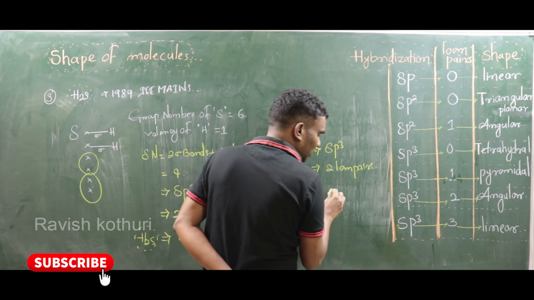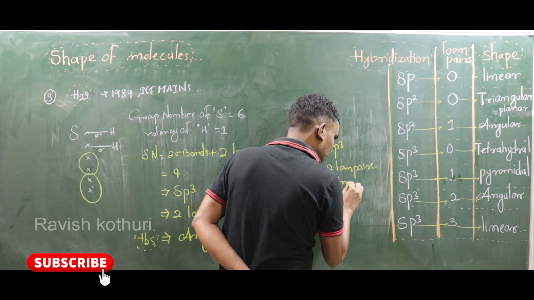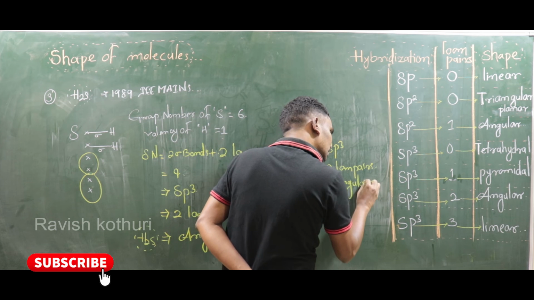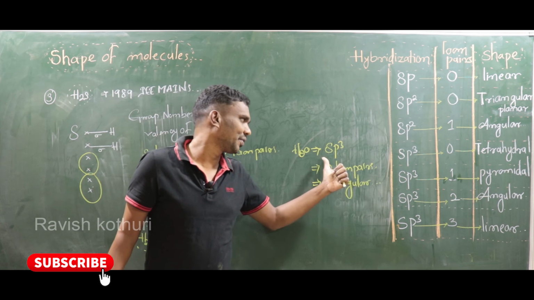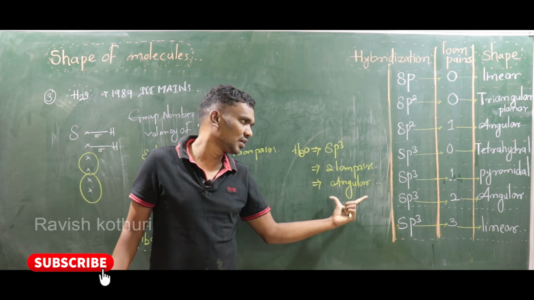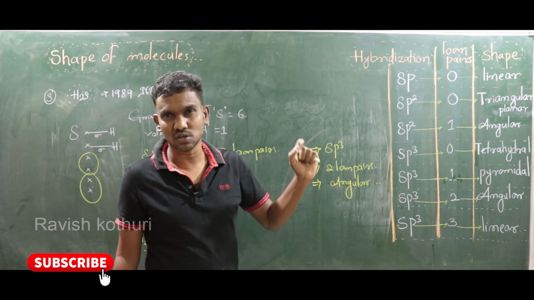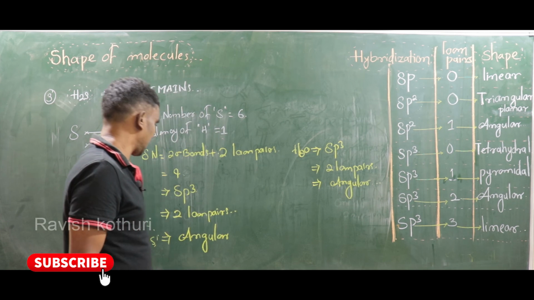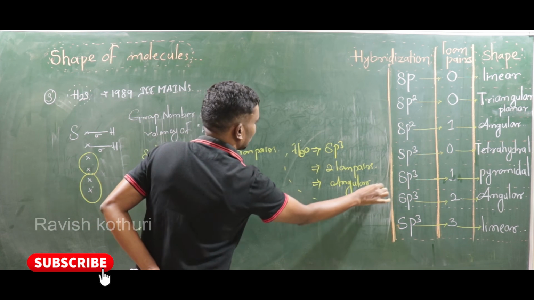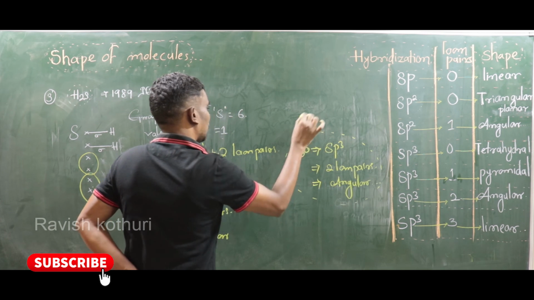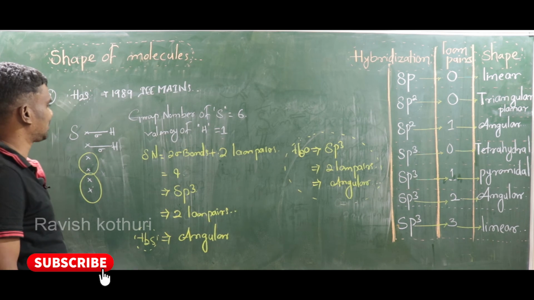Angular. If same hybridization, same number of lone pairs means the shape of the molecule is also same. So you have to remember that point. Right. Next example.